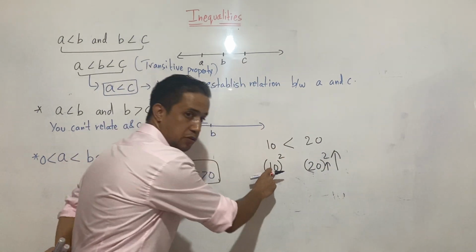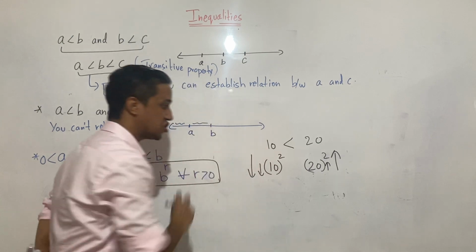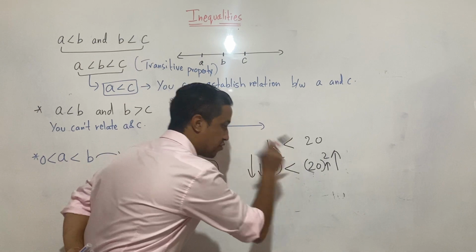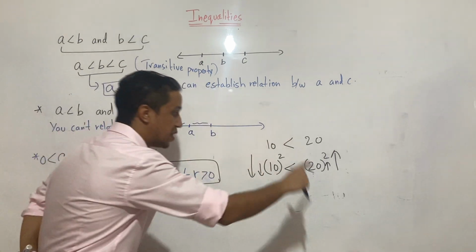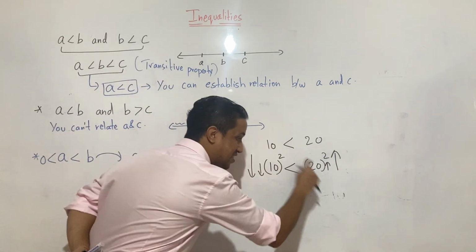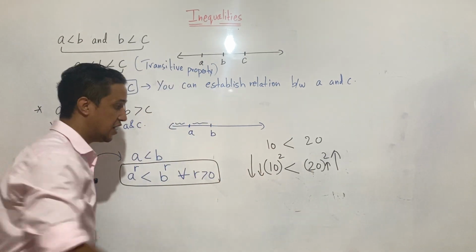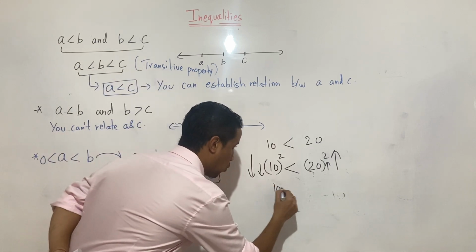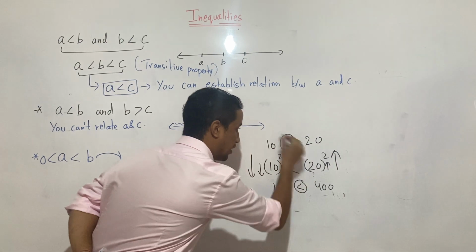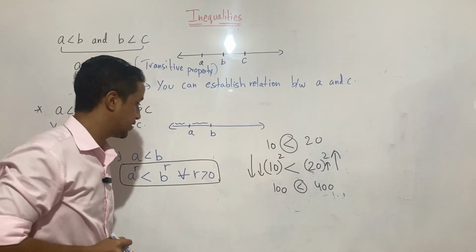This base is smaller compared to this, so the overall value will be smaller. So see here, again the sign will remain the same, provided that the exponent to which you have raised these bases must be positive. It's going to be 100, 400. Clearly the sign of inequality is not affected, right?